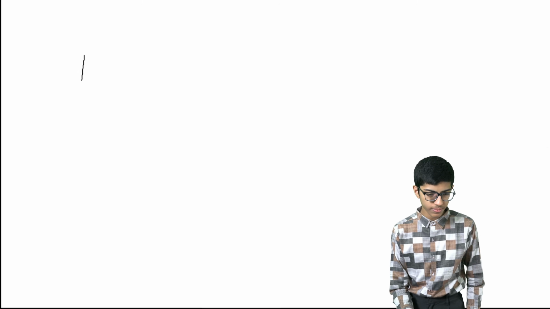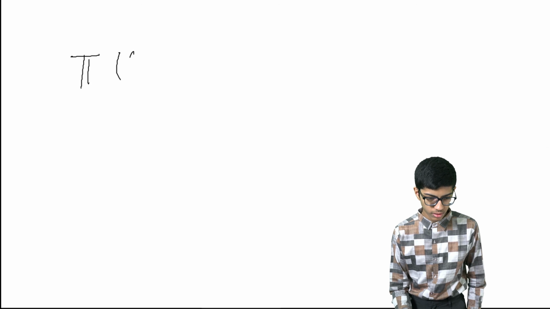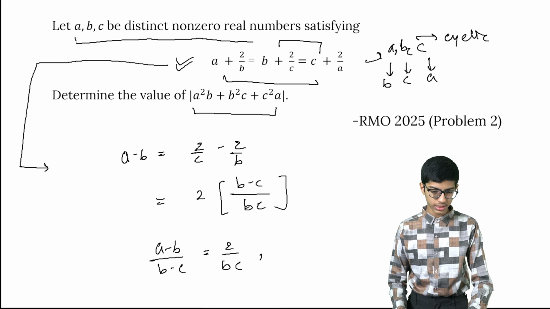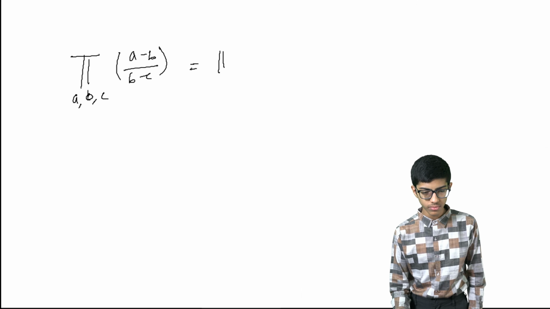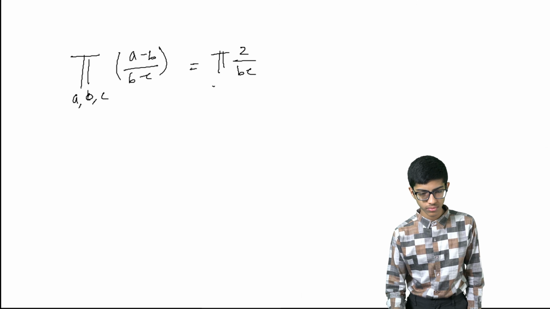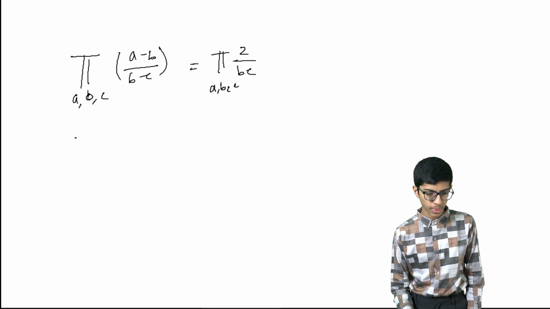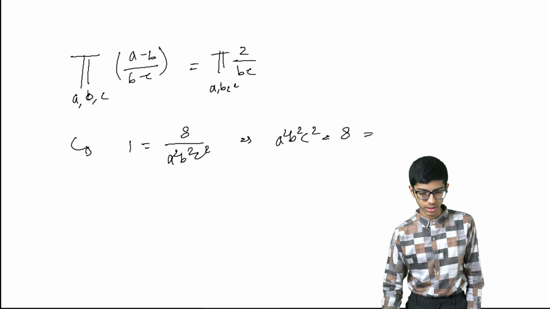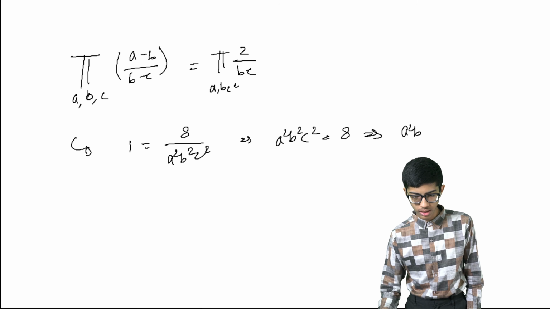So we have, since the equation is cyclic in a, b and c, this gives us 1 equals 8 by a square b square c square, or a square b square c square equals 8, and this implies a square b square c square equals 8.